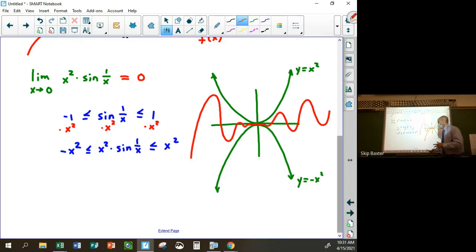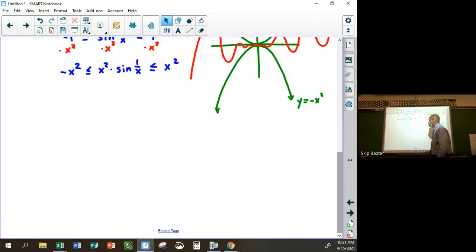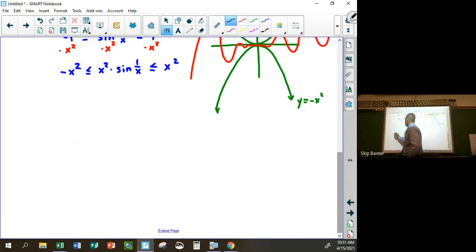Let's just do one more example of this squeeze theorem. Suppose we have something like the limit as x goes to infinity of cosine x over x. I know we have a rule that looks kind of like this, but not really, that deals with sine, right?